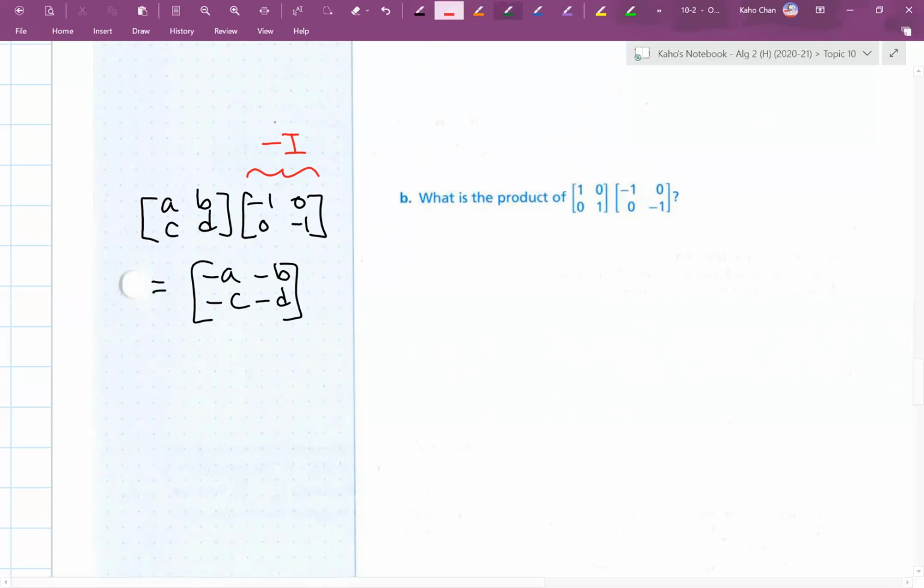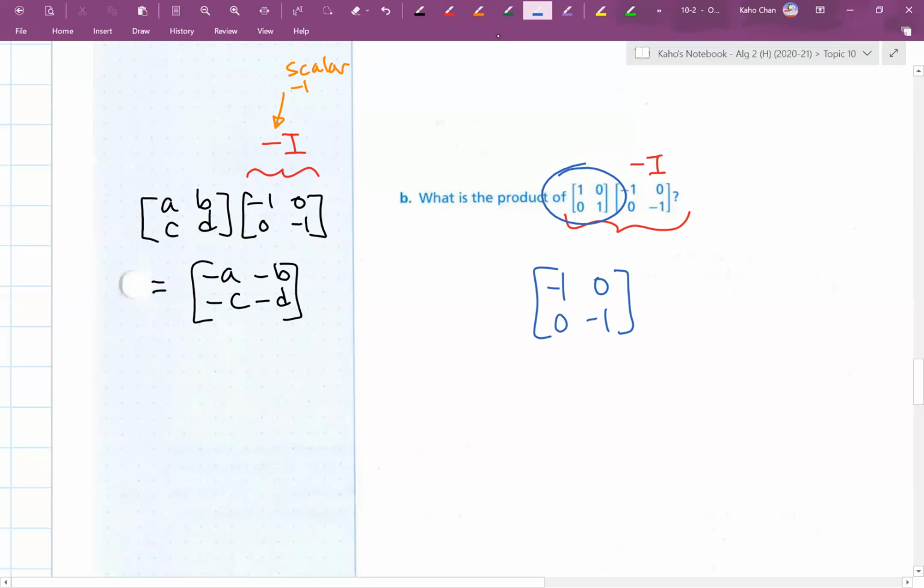That's all it is. No big deal. So when you recognize this is -I, just replicate the matrix you're trying to multiply by on the left with a negative sign. That's all. And that's pretty easy peasy.